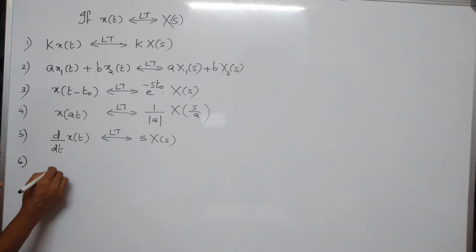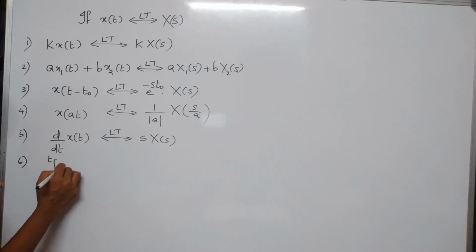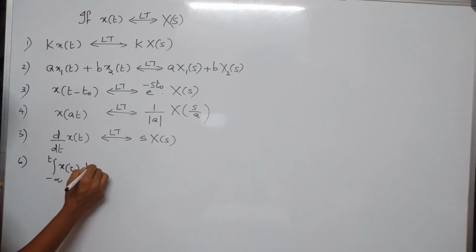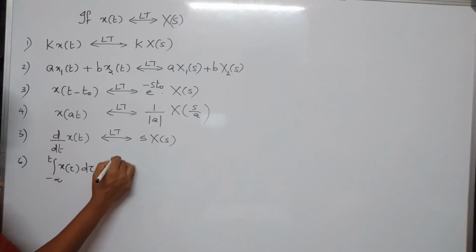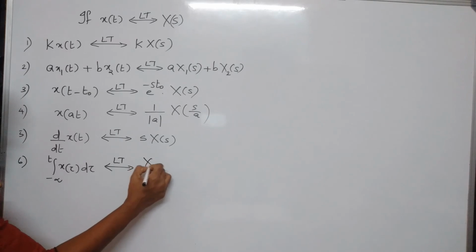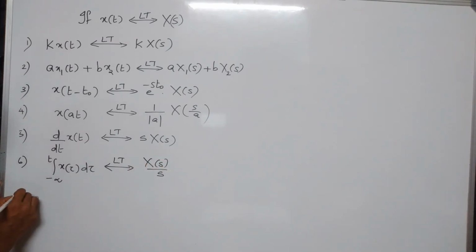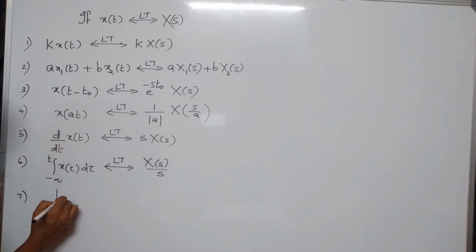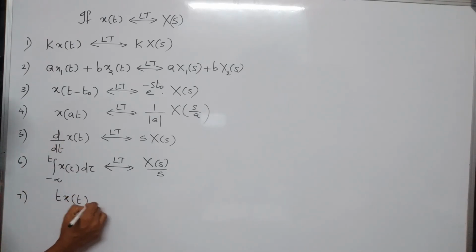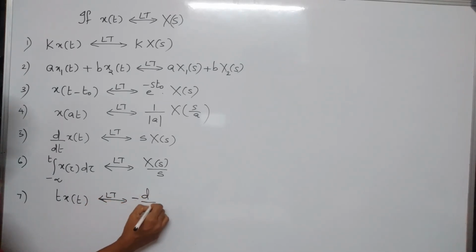Then the integration property: the integral from minus infinity to t of x of tau d tau has Laplace transform X of s by s. Then differentiation in the frequency domain: t into x of t has Laplace transform minus d by ds of X of s.